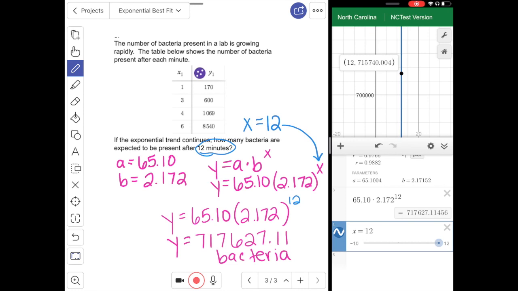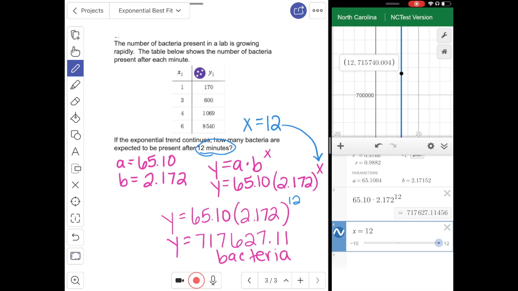And they have 715,740.0. And again, we are close, but we rounded our values where Desmos did not. They had more decimal places than we did. So we found that approximately, which is a prediction, but it's not always going to be exact. But it's a way to check to make sure that you were in the same range when you plug that value in.